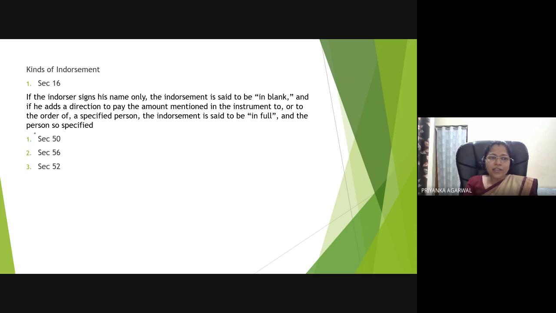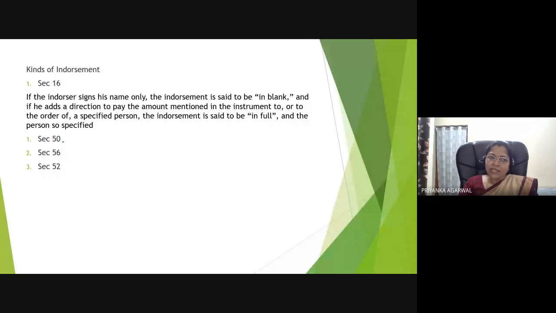But if that person gives a direction to pay the amount to the order of a specified person, either he mentions the specified person's name, or he can also say to that specified person or to the order of that specified person. Both are possible. If he only mentions the specified person's name, then also that specified person has the right to endorse it further.